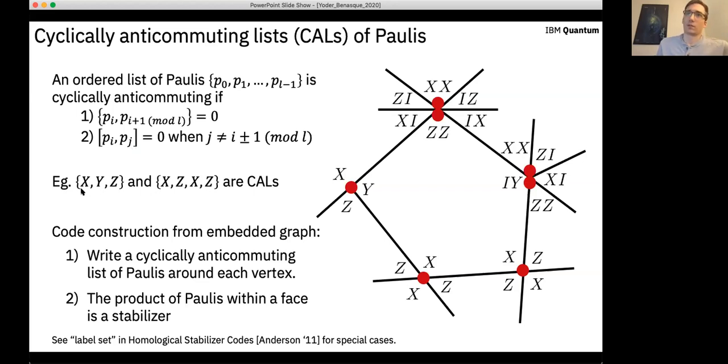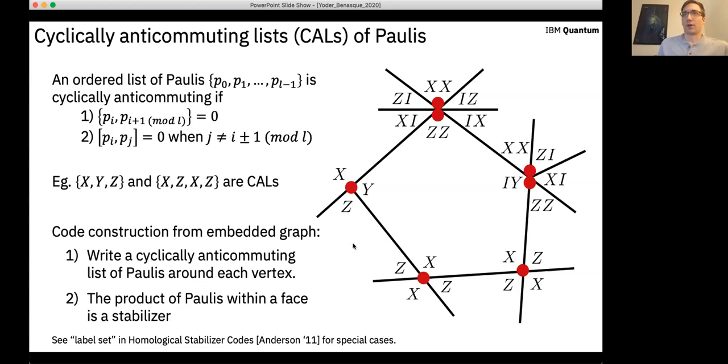So for instance, for degree 3 vertices, length 3, you have the list X, Y, Z. And then for length 4, you can choose X, Z, X, Z. These are legitimate CALs for lengths 3 and 4.